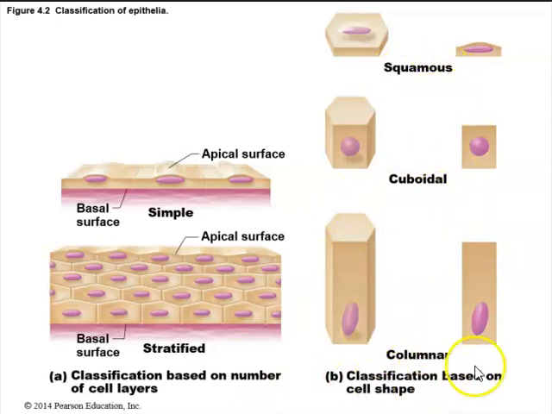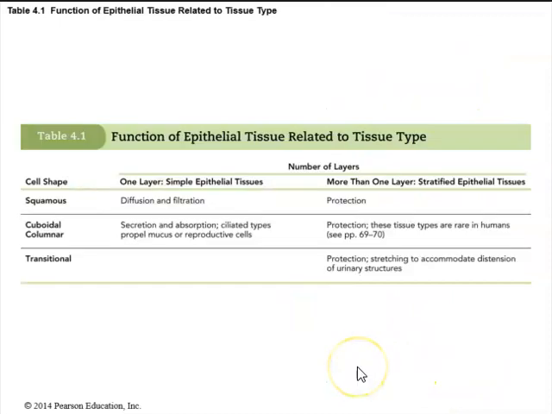If there are many layers, we call it stratified, and then we classify the epithelium based on cell shape, so either squamous, cuboidal, or columnar. This table shows the function of epithelial tissue related to tissue type. We know that simple squamous epithelium's main function is for diffusion and filtration.